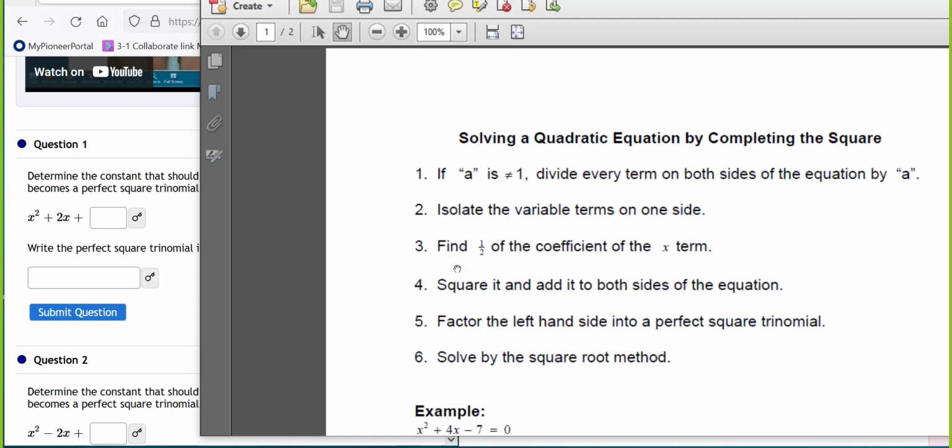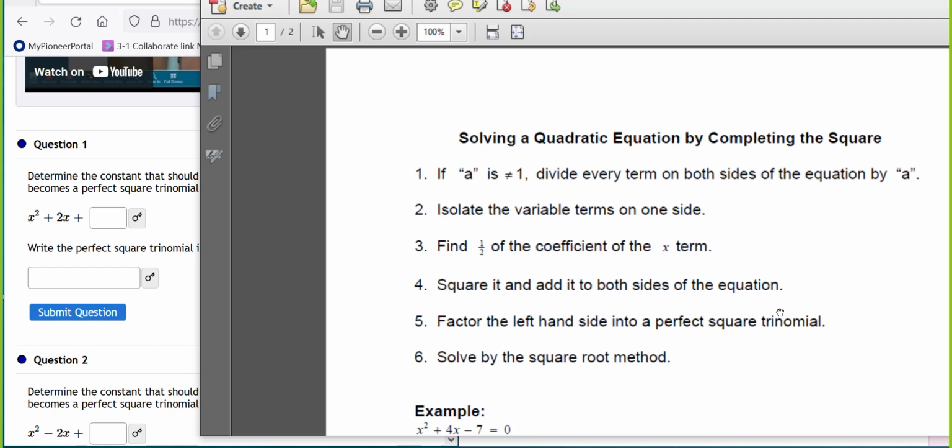Then you're going to find what I call the magic number, step 3. And the formula for that is to take half of the coefficient of the x term. So what was your middle term, you're going to take half of that coefficient, and then you are going to square it and add it to both sides of the equation.